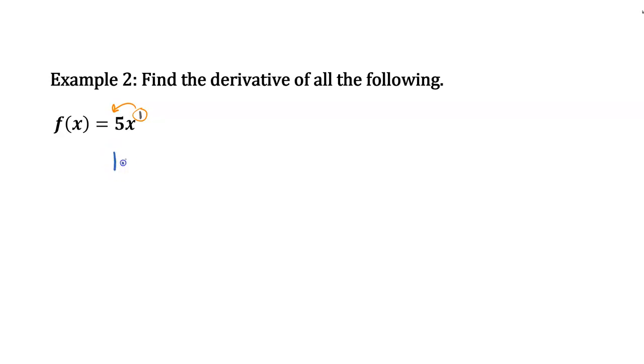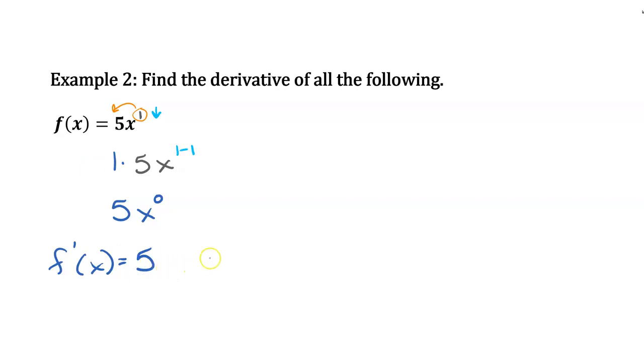So that would be 1 times 5x, and then the new power, you go down a power. So that'd be 1 minus 1 for the new power. So that would be 5x to the 0. Anything to the 0 power is 1. So f prime would be 5.